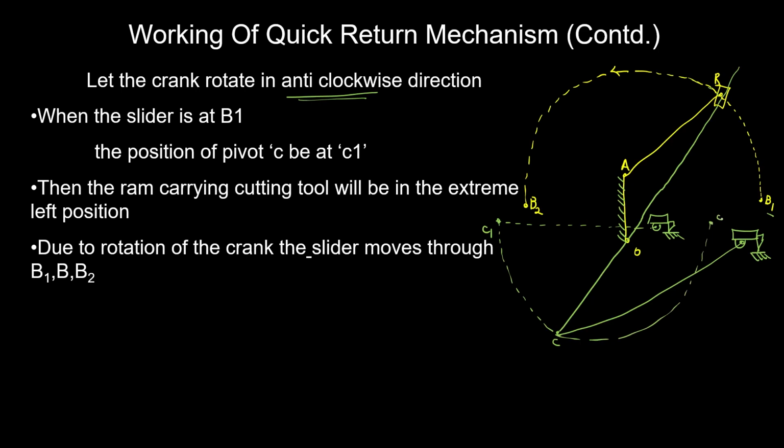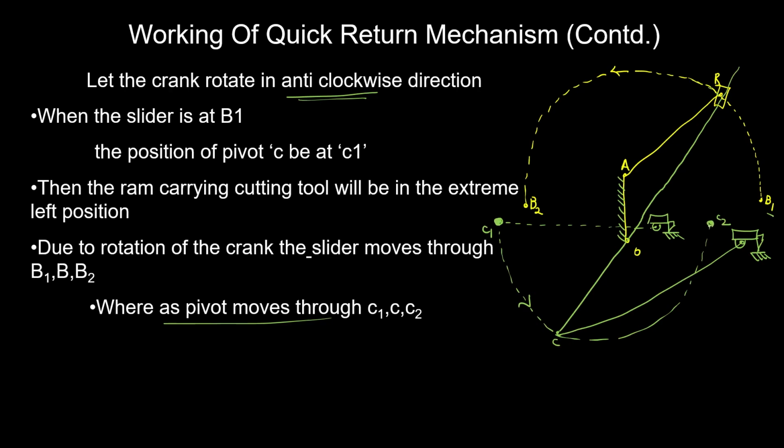This is where the point C2 will be. Even this is going to move in the counterclockwise sense. So here the pivot is moving through the points C1, C, C2. So this C1 is going to tell us the left extreme position, and this C2 will tell us about the right extreme position. So the distance between C1 and C2 is actually the measure of the stroke length.